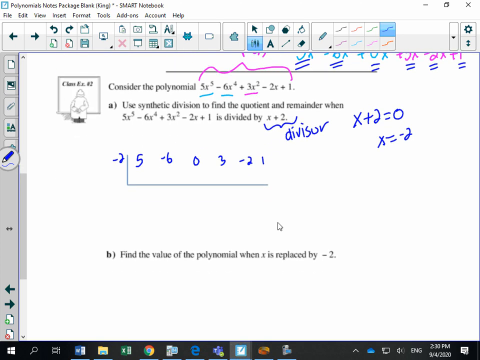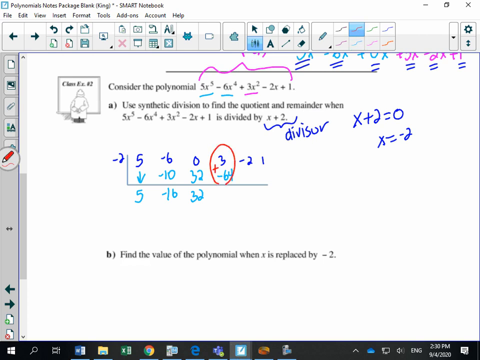Okay, finishing off with the synthetic division, you drop that 5, you always drop that first coefficient, and then you perform a multiplication. 5 times negative 2 is negative 10. In synthetic division, we always add. So we'd get negative 16 here. Negative 16 times negative 2 is positive 32, and when we add, we get 32. 32 times negative 2 is negative 64. Now you're going to add, right?